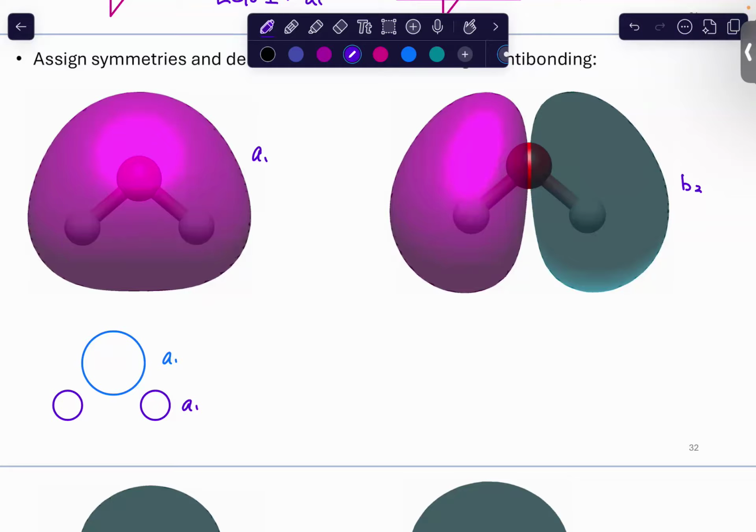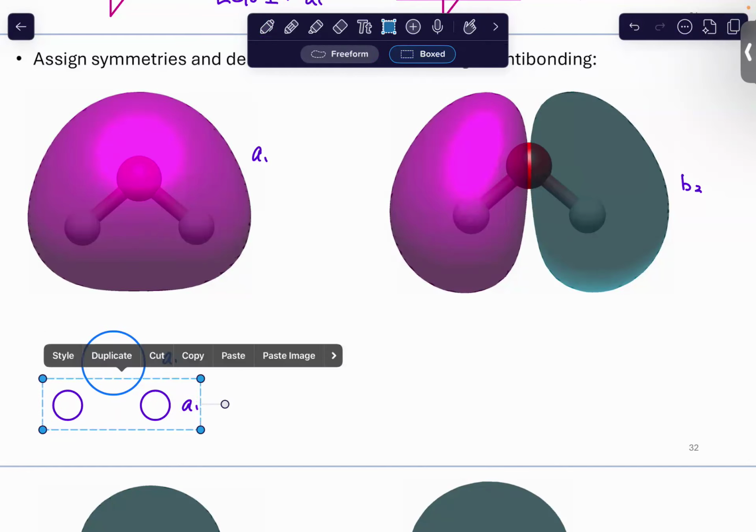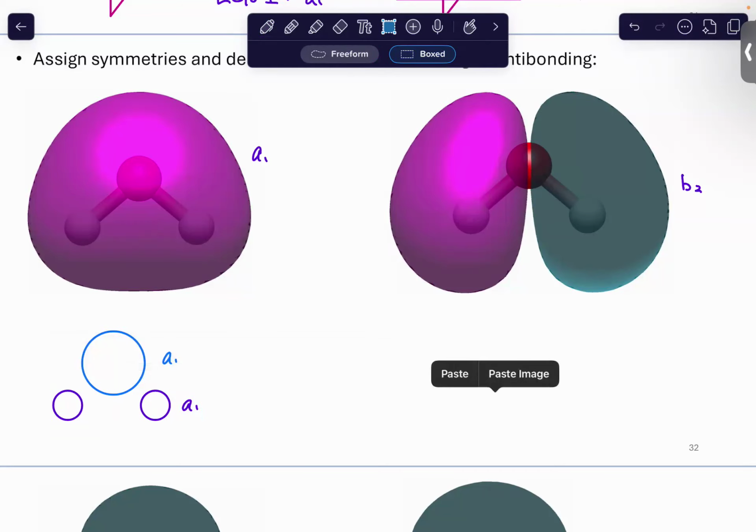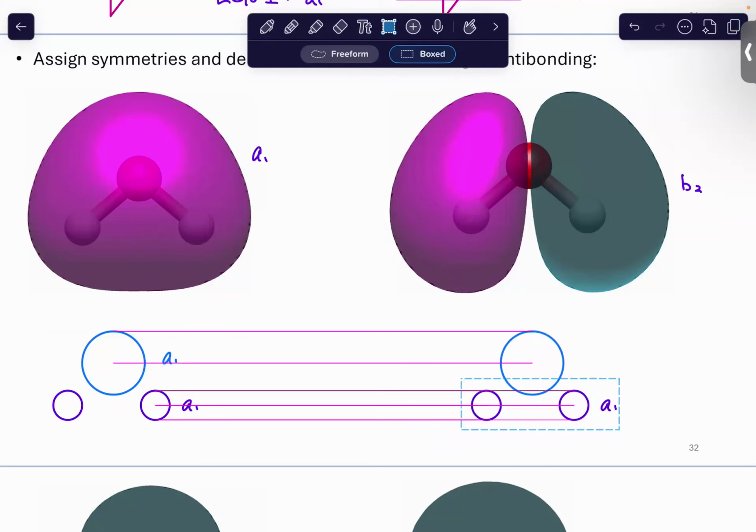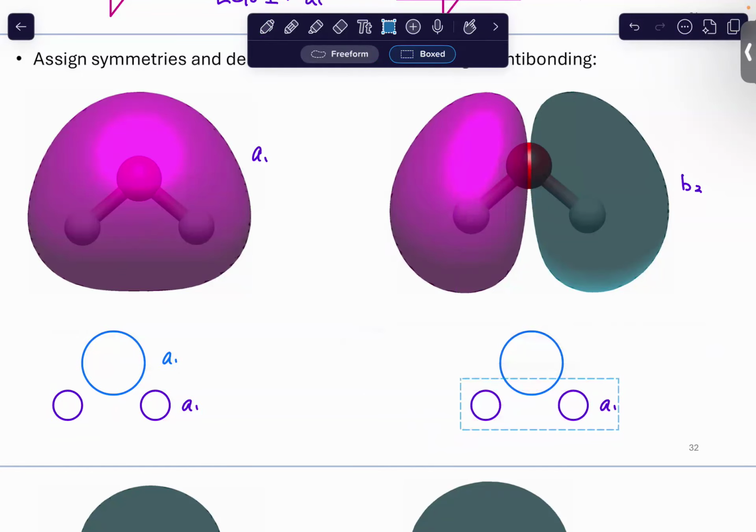So let's do the, I'm going to bring this over. Get rid of that, get rid of that. We know that we have a B2 here.